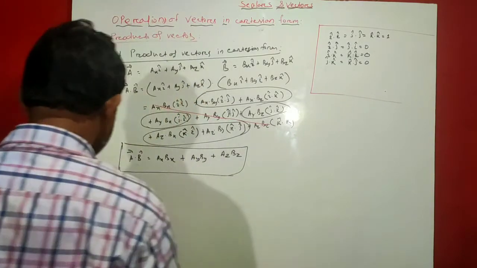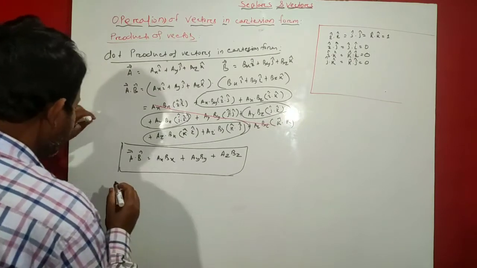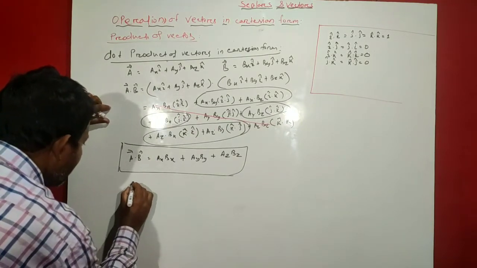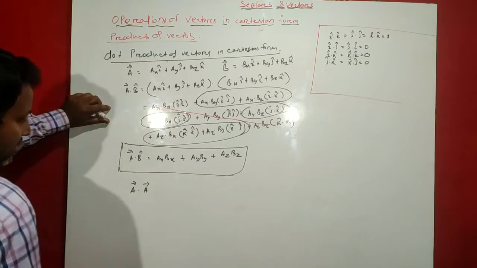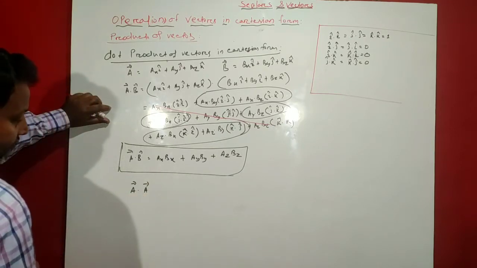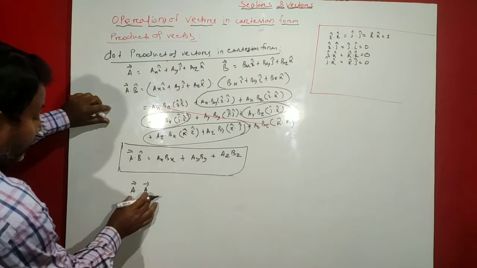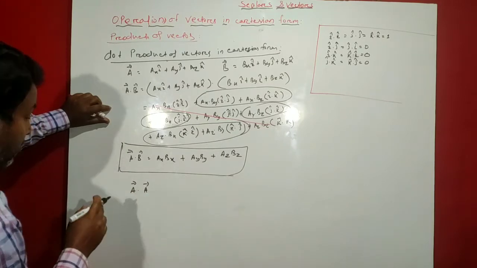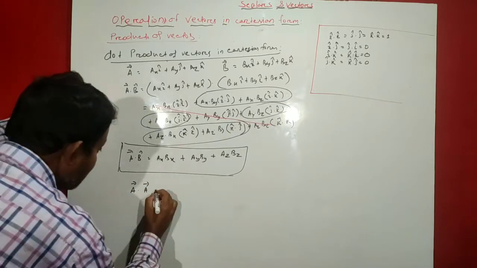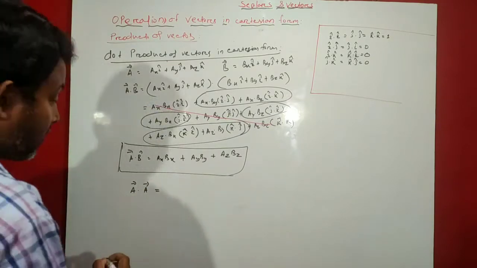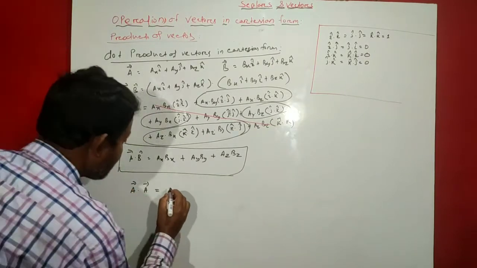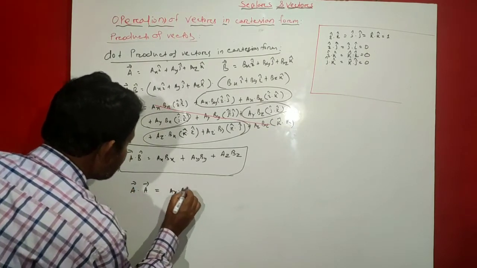Now let me take the dot product of A with A. So I get ax into ax.